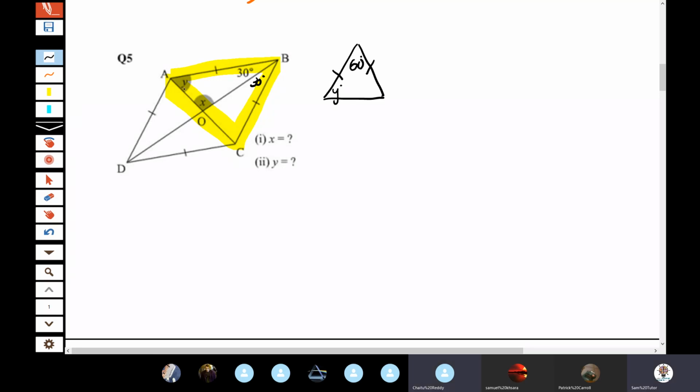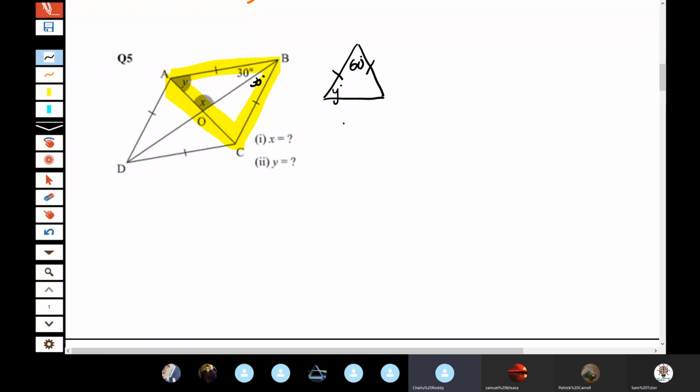And then we want to find y. How are you going to find y now? Oh, wait, do you divide it with... With these two sides equal to each other, will that be 30 as well?